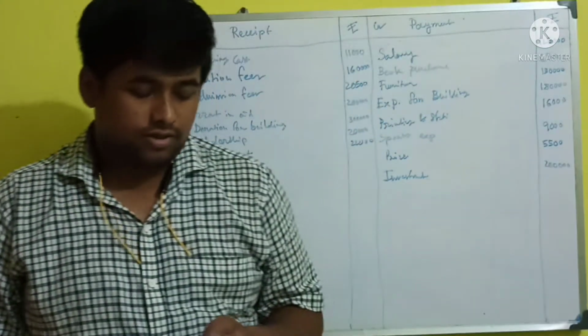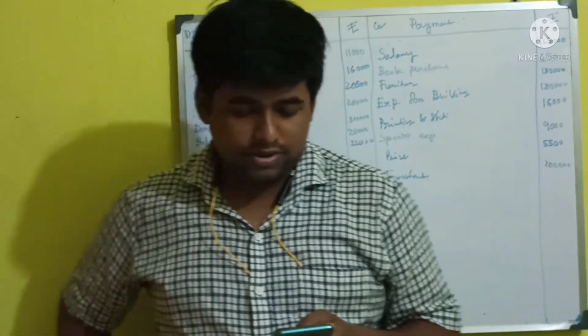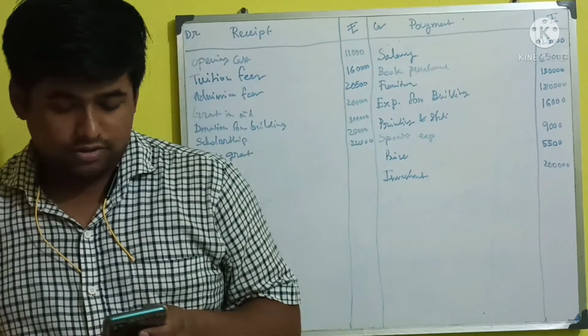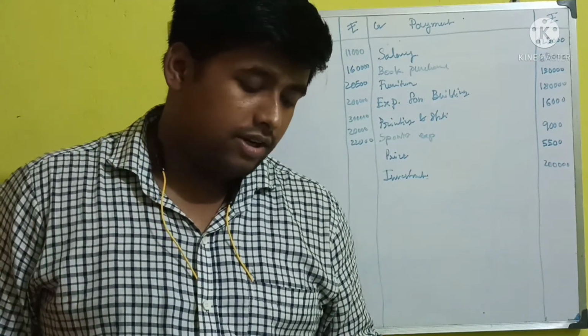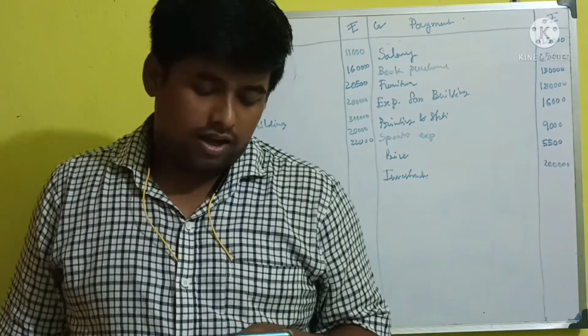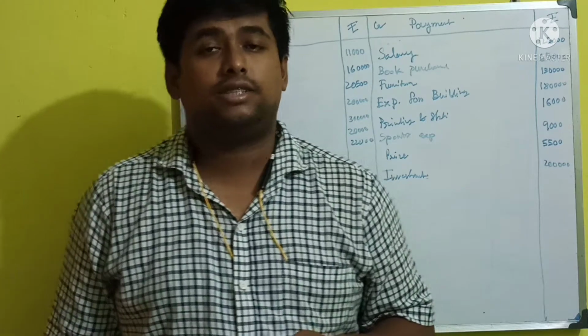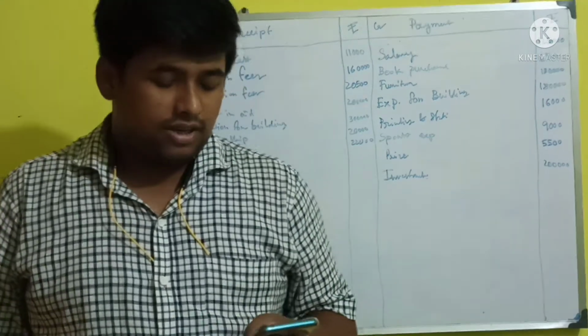Now the information is showing that salary outstanding is rupees 12,000, depreciation of furniture at the rate of 15%, and accrued interest on investment 5,000. These are not acceptable in receipt and payment because they are not cash items.